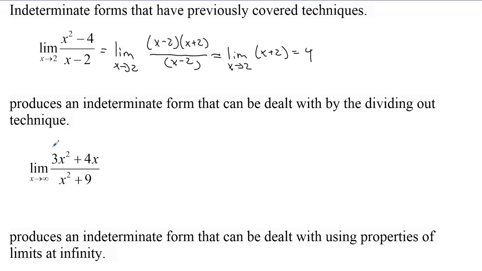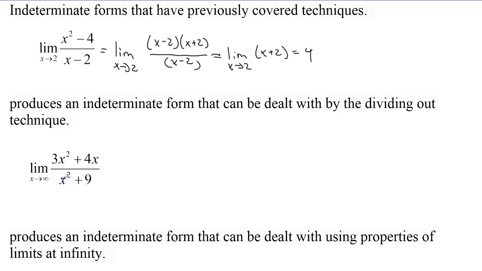Another indeterminate form is something like this, where I let x go to infinity. This is a quadratic function, so as x goes to infinity with a positive leading coefficient, the top polynomial, 3x squared plus 4x, and the bottom polynomial, x squared plus 9, both go to infinity.